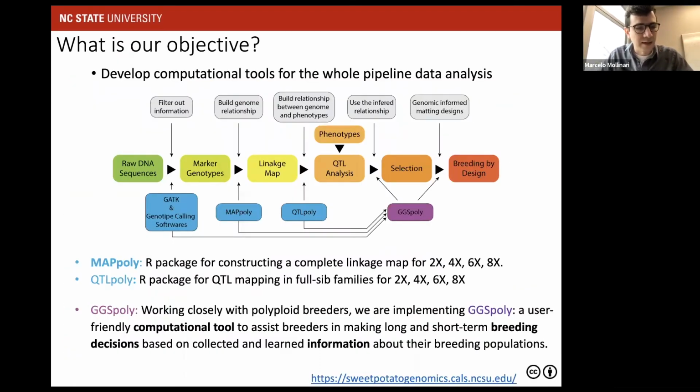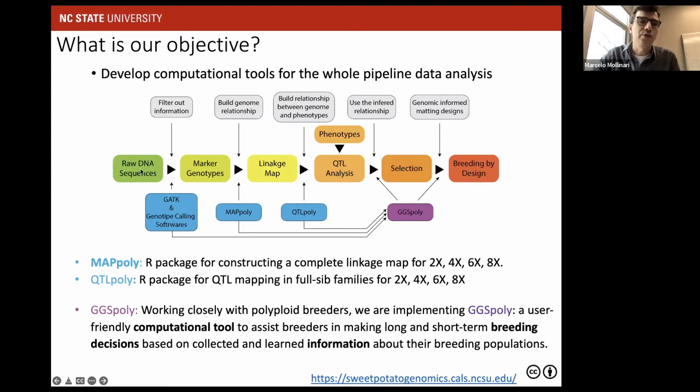Just right off the bat, I'm showing you what our objective is here in our group at NC State. We want to develop computational tools for the whole data analysis pipeline for polyploids, from the raw sequence DNA to the breeding decisions, right?